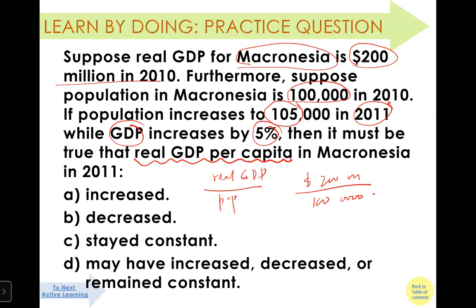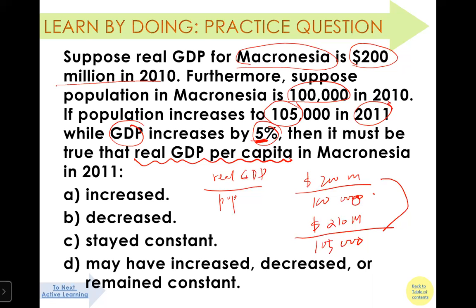In 2011, because it increased by 5%, that's 210 million divided by 105,000. You will find these two numbers are exactly the same.